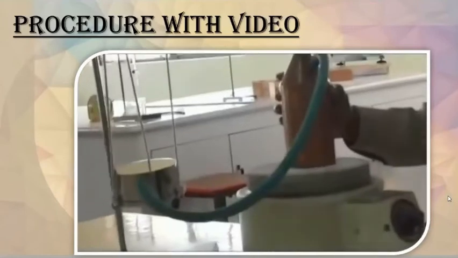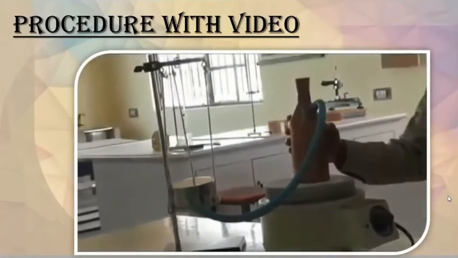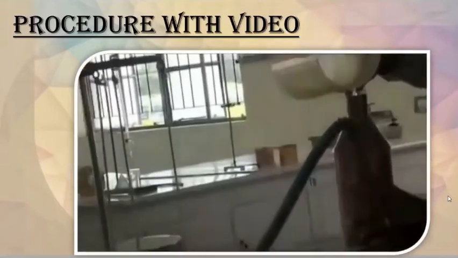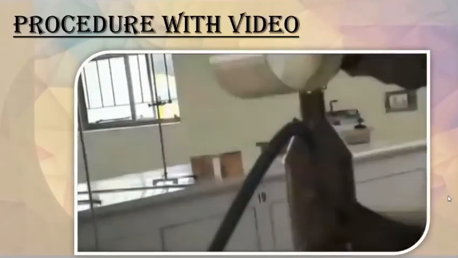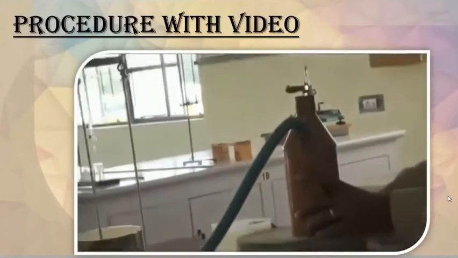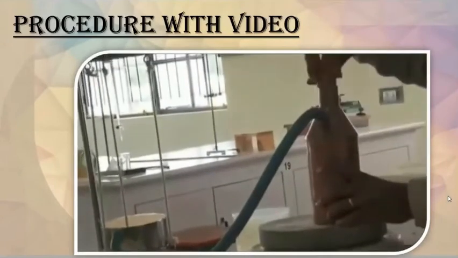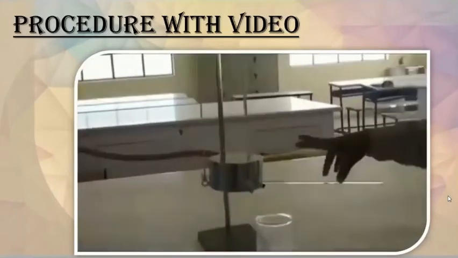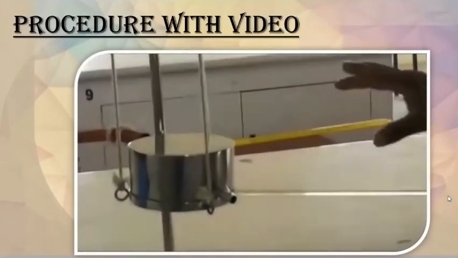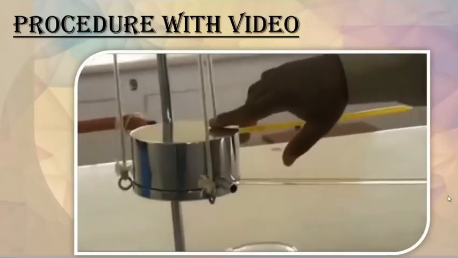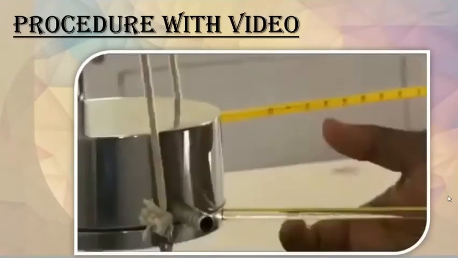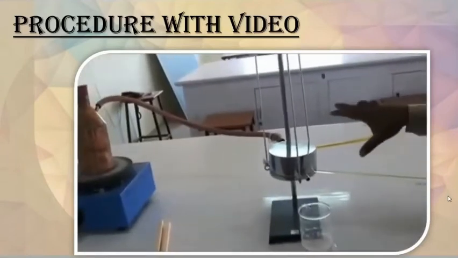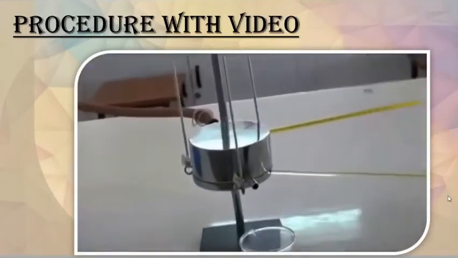Now we have to fill up the steam boiler with the help of water, and we have to switch on the hot plate. Now we have to insert the two thermometers, first one in the steam chamber and second one in the Lee disc, and the temperature of the two thermometers starts rising.